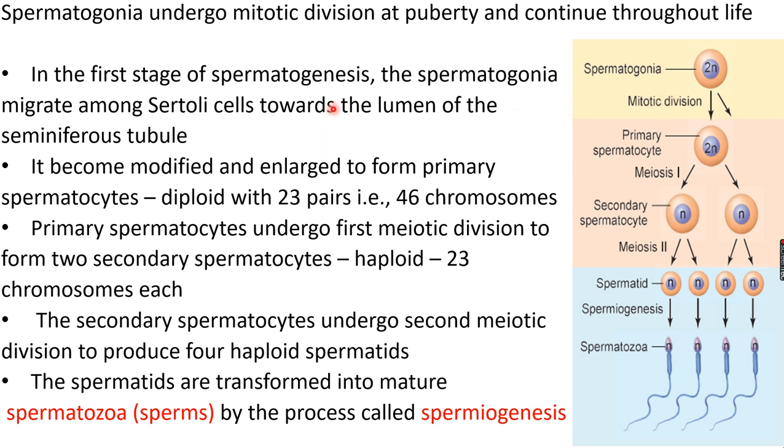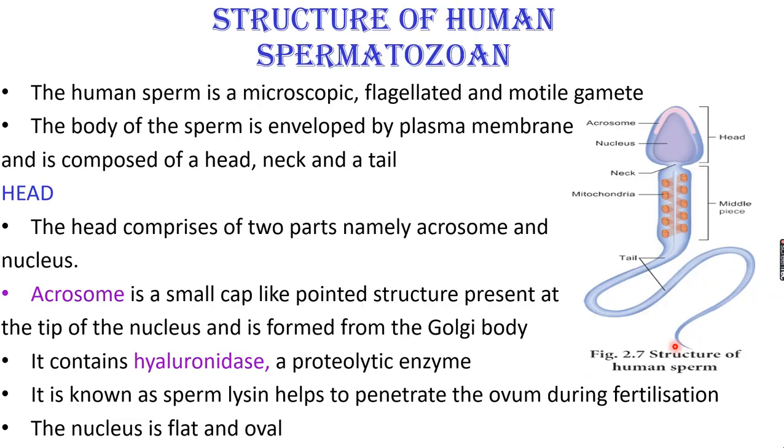In the first stage, spermatogonia migrate into the cytoliths, become modified and enlarged to form primary spermatocytes by mitotic division, retaining 46 chromosomes. The primary spermatocyte undergoes first meiotic division and produces secondary spermatocytes. These undergo second meiosis and produce spermatids, and spermatids undergo spermiogenesis and produce mature spermatozoa.